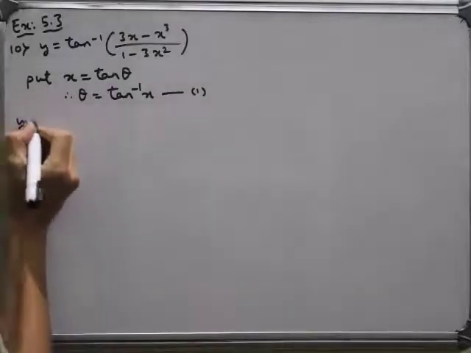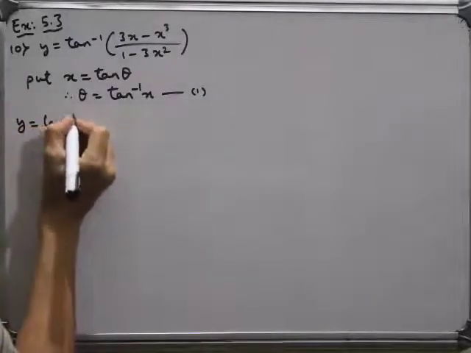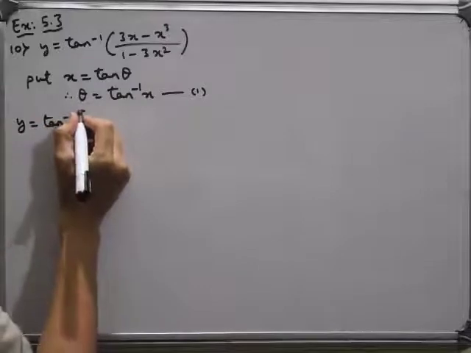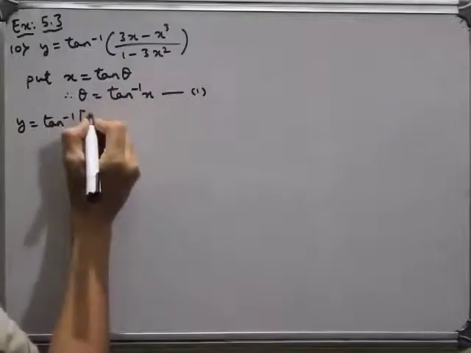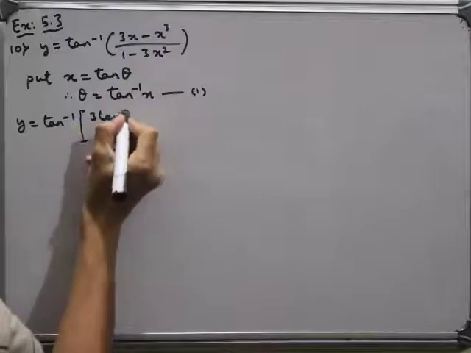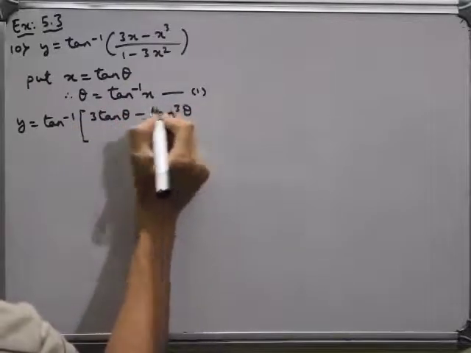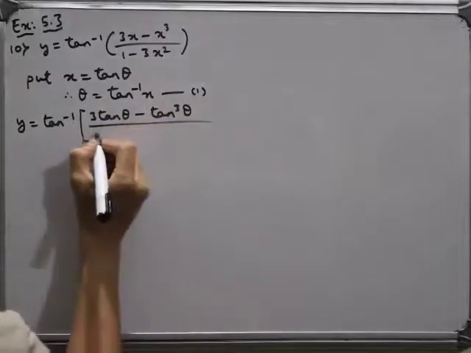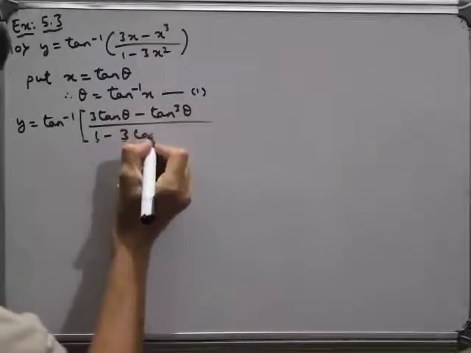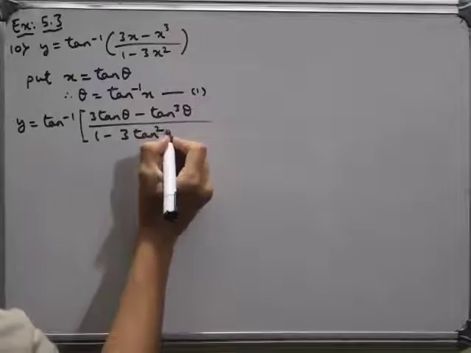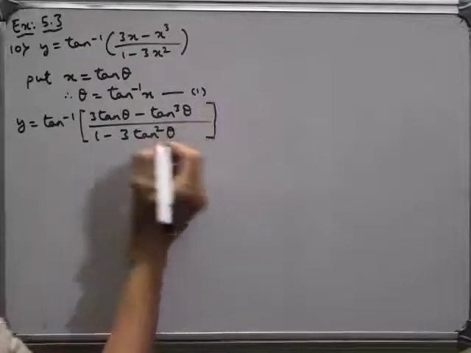Now y is equal to tan inverse of, substitute the values, 3 tan theta minus tan cube theta divided by 1 minus 3 tan square theta. Now what is this?